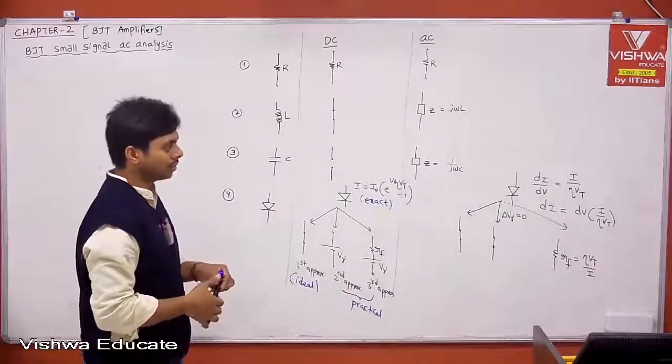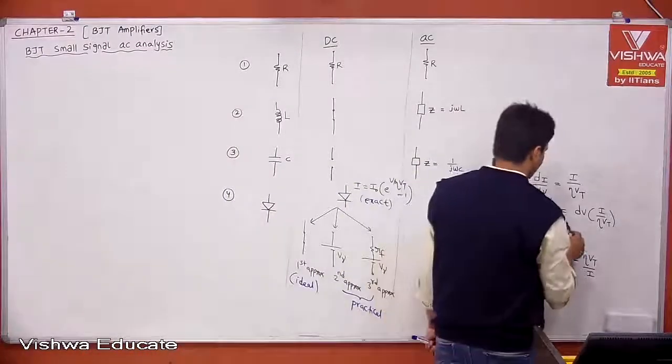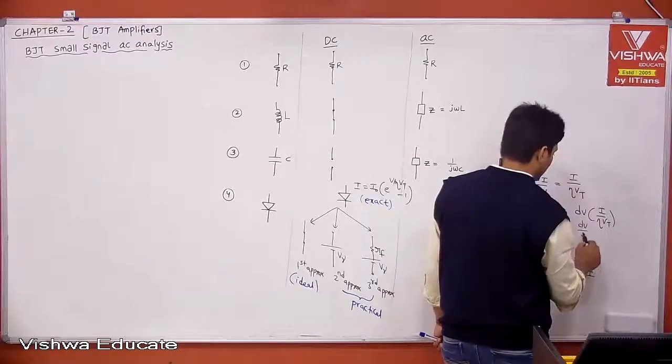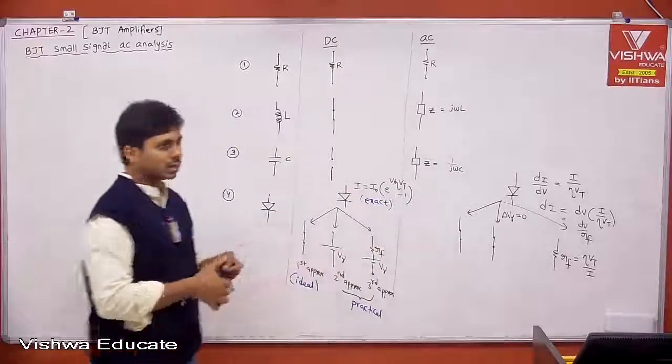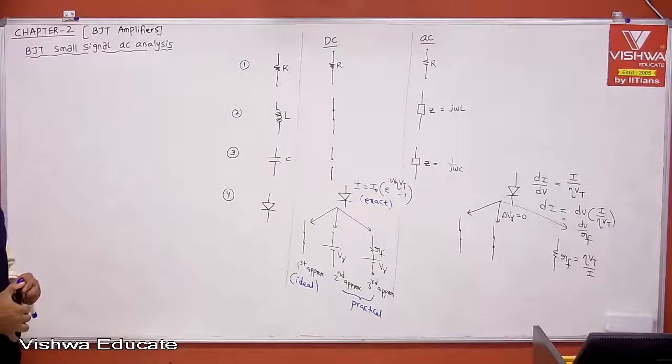Therefore, this is nothing but dV divided by Rf. That is your Rf. Okay. Now take it. Similarly, I will try to give you for BJT as well as MOSFET. That is what we are going to see.